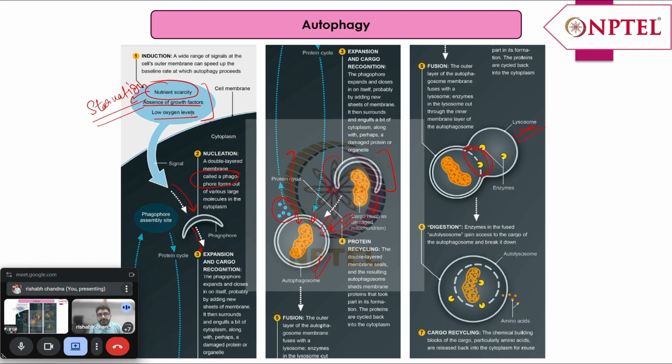Now this complete structure, after the fusion of the autophagosome and the lysosome, is called an autolysosome. Because now this damaged mitochondria will be degraded, and the products formed from this degradation will be recycled in the cell. Okay, so this is how basic autophagy functions inside the cell.